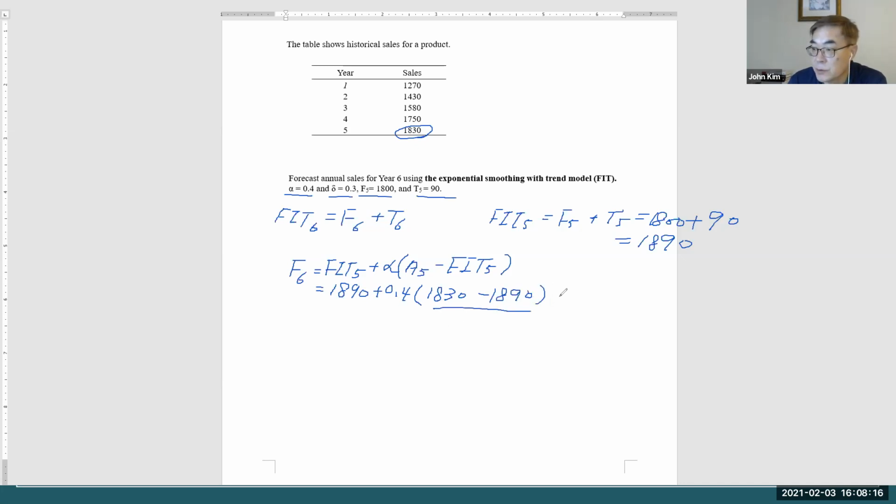So this part is negative 60. So 60 times 0.4 is 24, and 1890 minus 24 equals 1866.